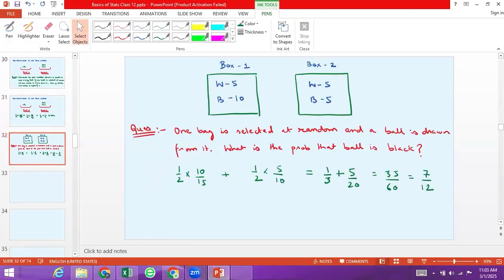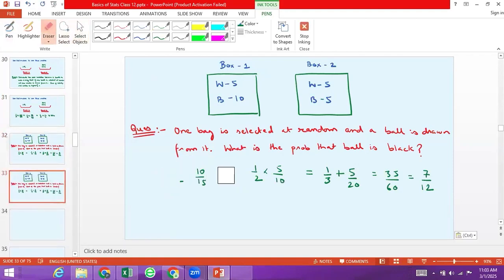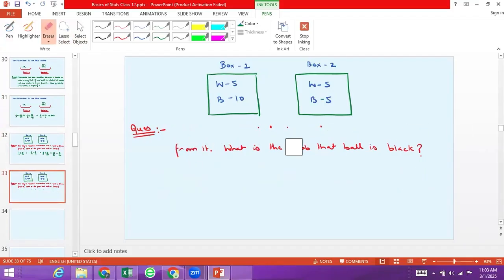Okay, so for this one, the answer is 7 by 12. Okay, let me ask you another question. Same question. So we have two boxes, box 1 and box 2, with the same distribution of marbles.